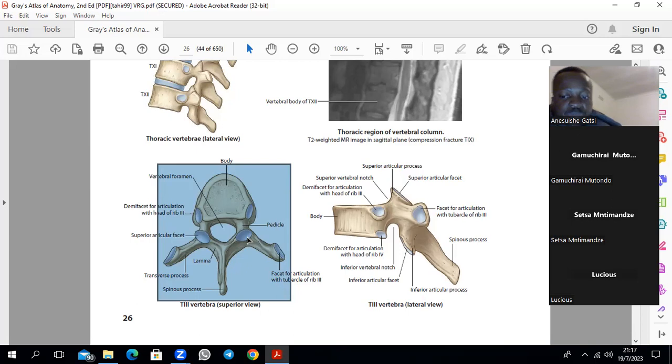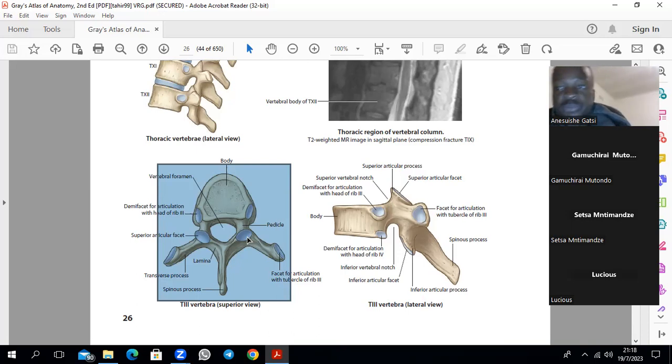Right. So which ones are atypical thoracic vertebrae? Which ones are going to be different? It depends on the books, but I'll say what I agree with. So T1, then T9 to T12. I know others will include T2, but I won't, not knowing what you are taught on your side.